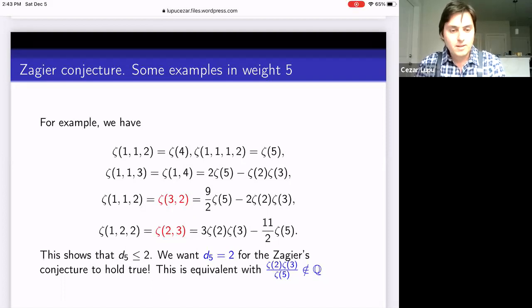So it follows that the dimension D5 is less than or equal to 2. But if we want Zagier's conjecture to be true, in other words, if we want D5 to be equal to 2, then this is equivalent to the fact that zeta of 2 times zeta of 3 over zeta of 5 is irrational. So we will need some information about this, but so far we don't know too much. We don't know if zeta of 5 is irrational or not. The only thing we know is that zeta of 3 is irrational, which was a result of Apéry.